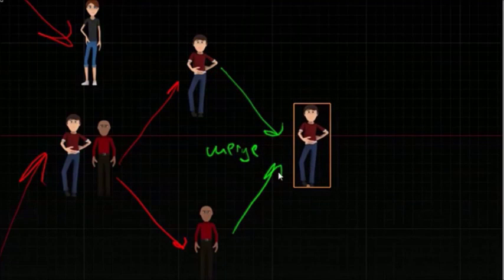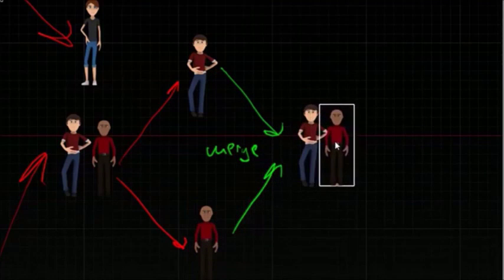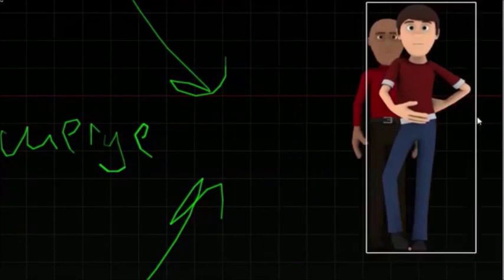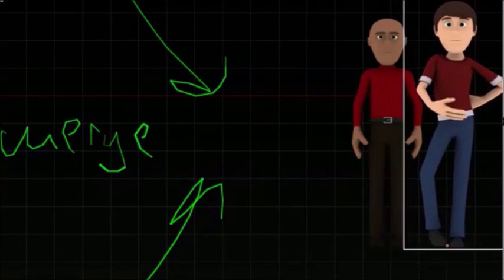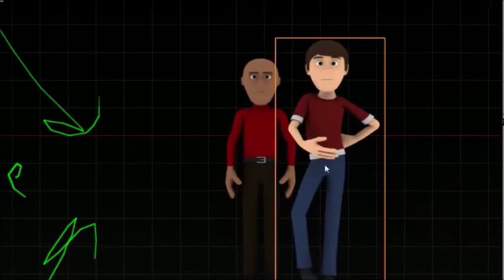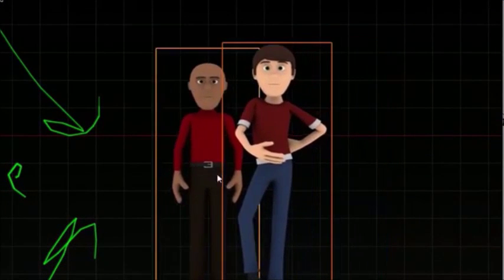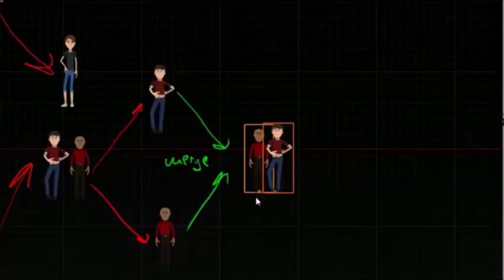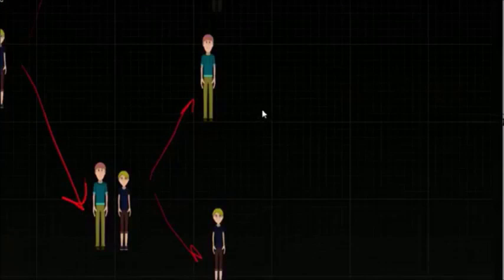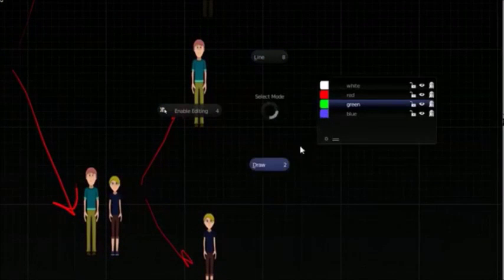And this is also very simple to merge. We just have to ensure that the smaller person is on the left and the taller person is on the right. This is the case now. So down here, we do the same thing.